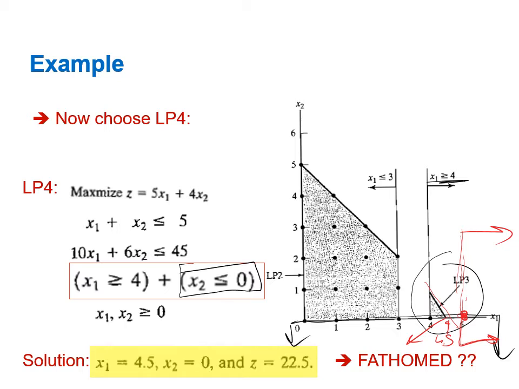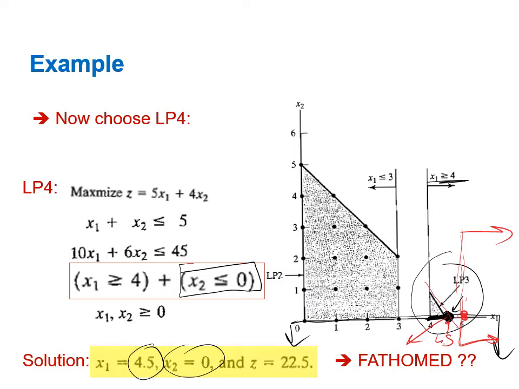As you can see, the intersection here is this line. The feasible region is only this line segment. When you solve this problem, you find that the optimum LP solution is this corner of the line segment, which is X1 is 4.5, X2 is 0.